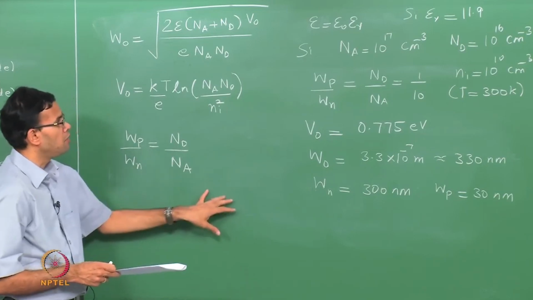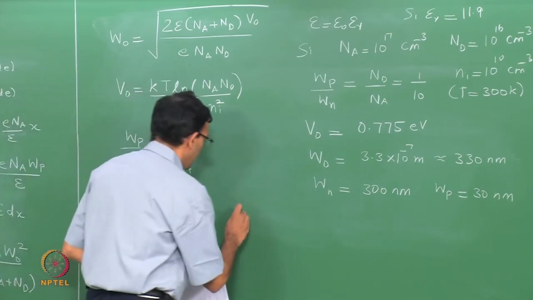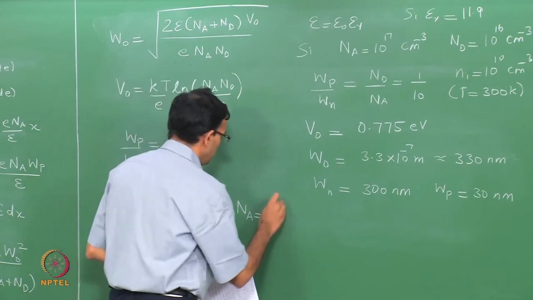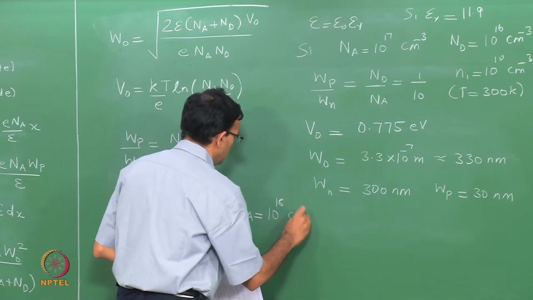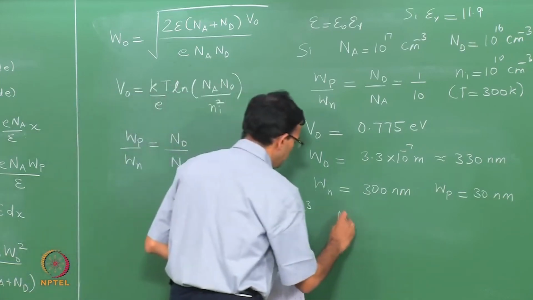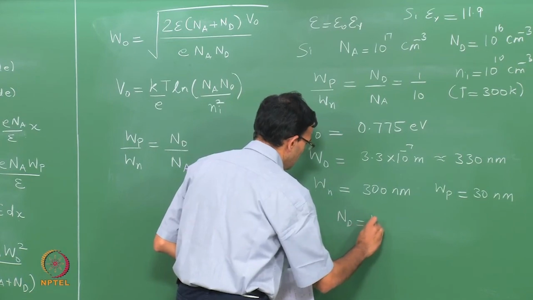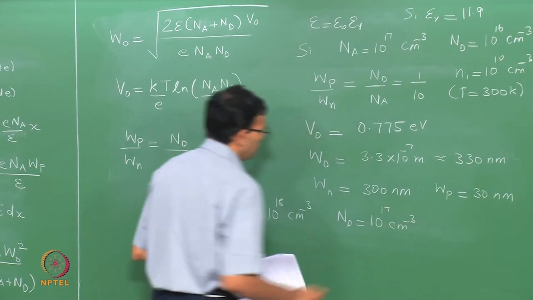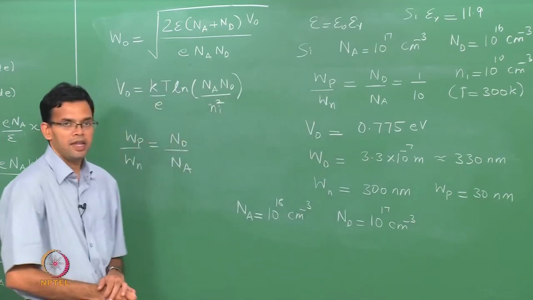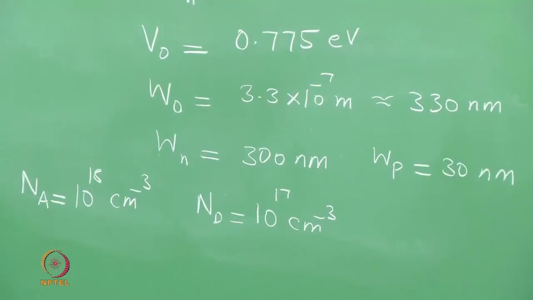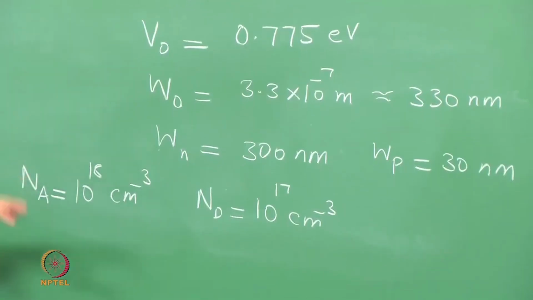If you want to rework this with Na increased 10 times to 10 to the 18 per centimeter cube, similarly Nd is 10 to the 17. So, we have increased both Na and Nd 10 times, but the ratio is still the same. We can redo these calculations. Let me just write it down.